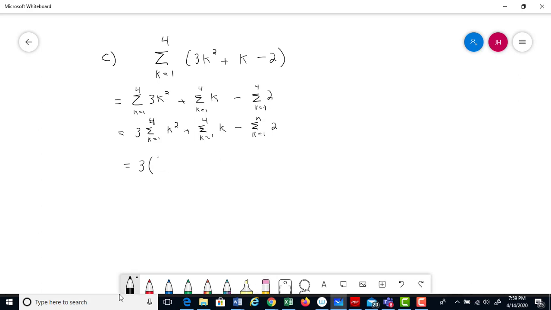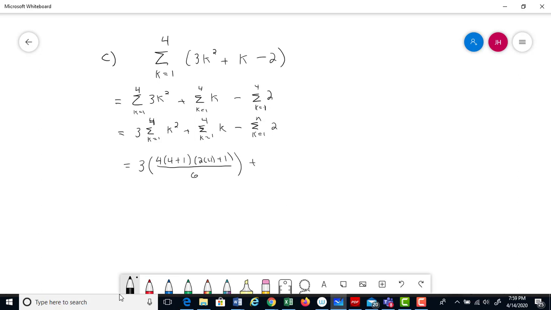So instead of writing n's in there, I'm going to write 4's. So this is equal to 4 times 4 plus 1 times 2 times 4 plus 1 all over 6, plus k.